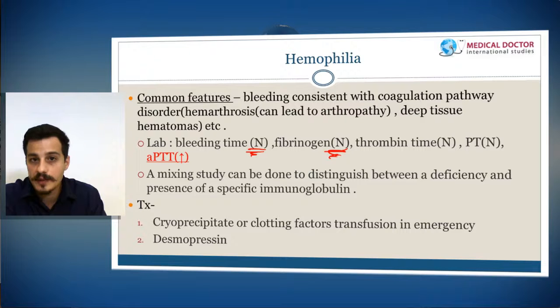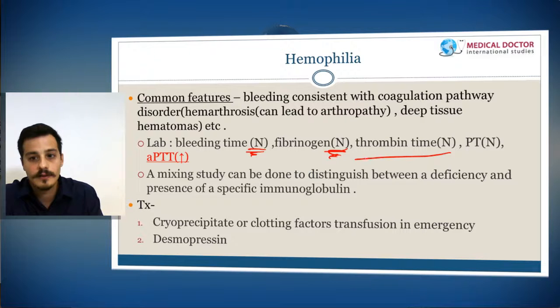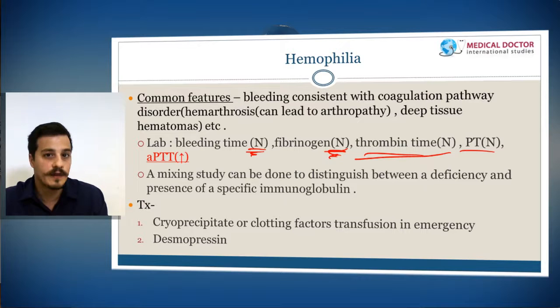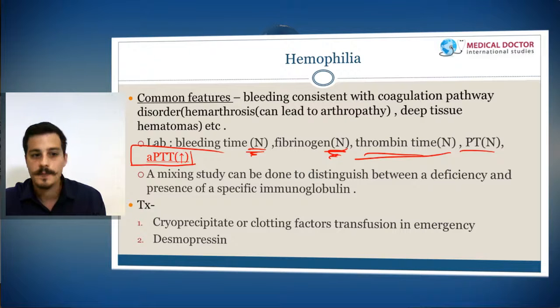Fibrinogen won't be consumed or anything, so we have a normal value. Thrombin time would be normal. PT is often also normal. And APTT, which, if you remember, involves more the intrinsic pathway, is going to be elevated.